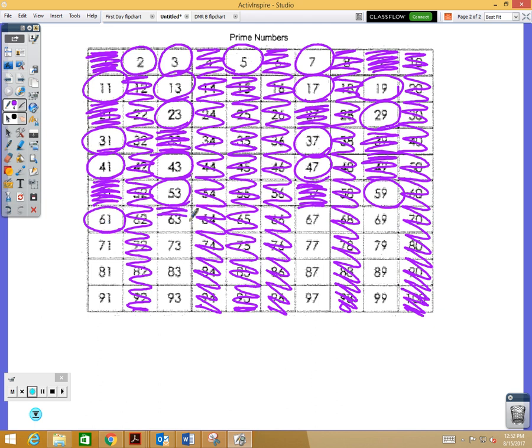So 63 is composite. What about 67? Prime. 69. 6 plus 9 is 15, which is divisible by 3, so 69 is composite, yes.